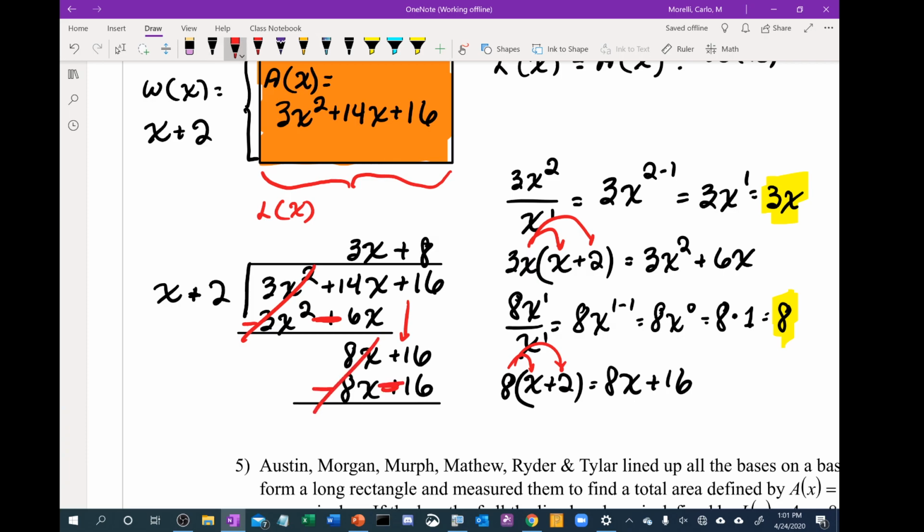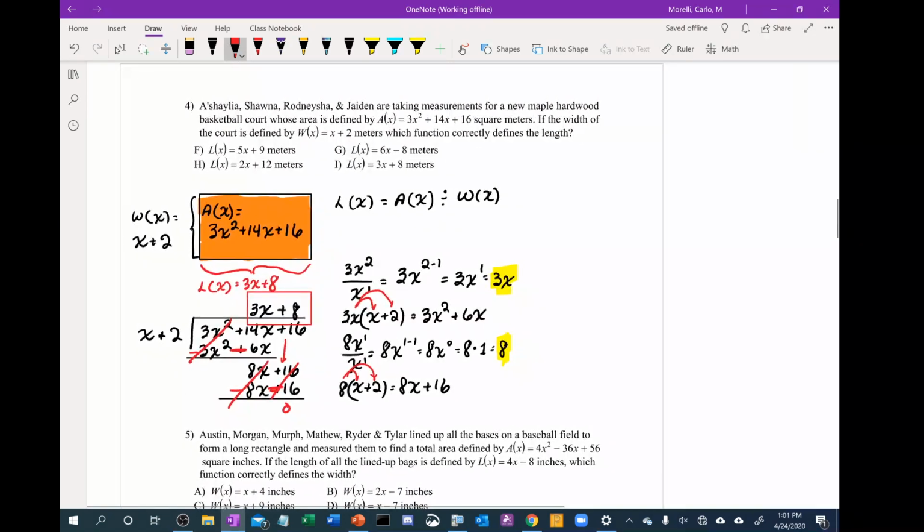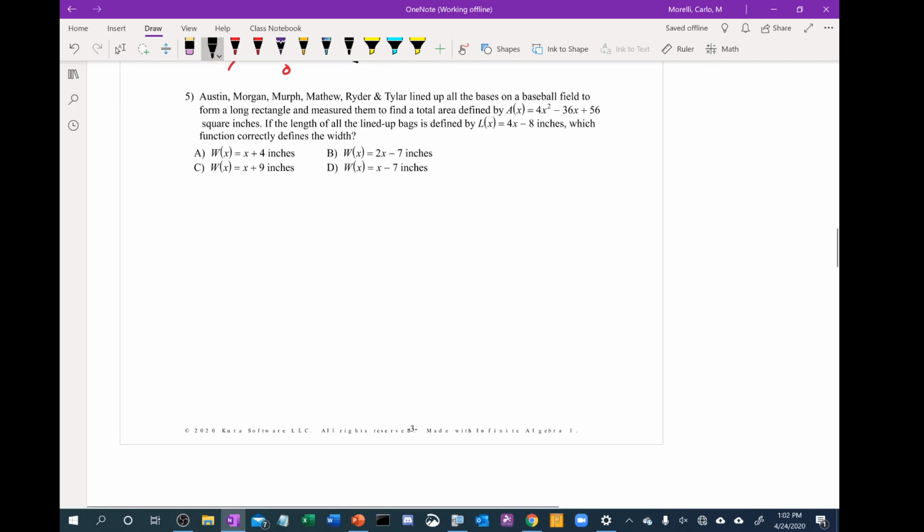Just like this. They both cancel. There's no remainder. This is our quotient. And so what we found is that L of x equals 3x plus 8. Okay, moving on to number 5.